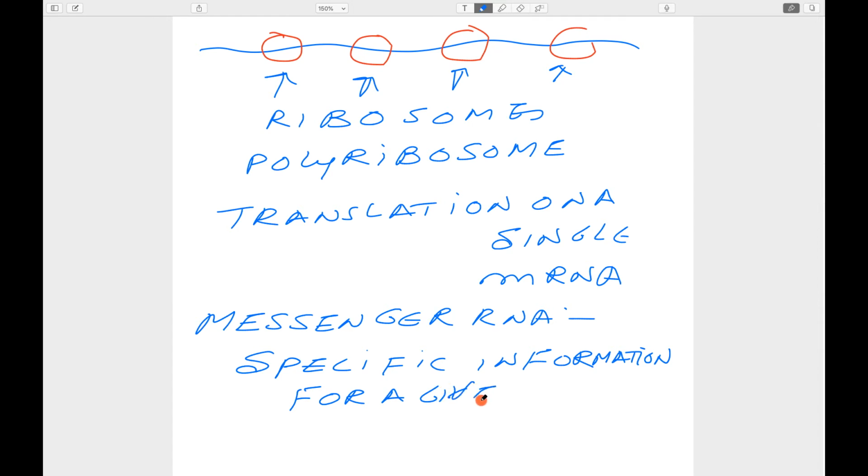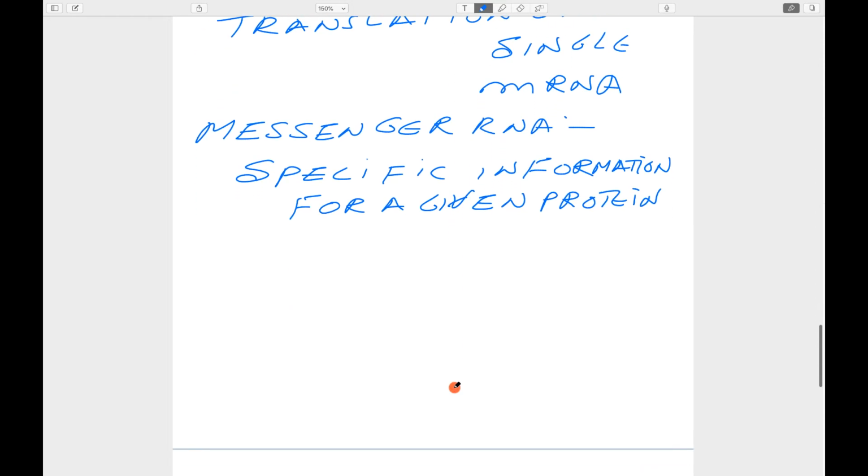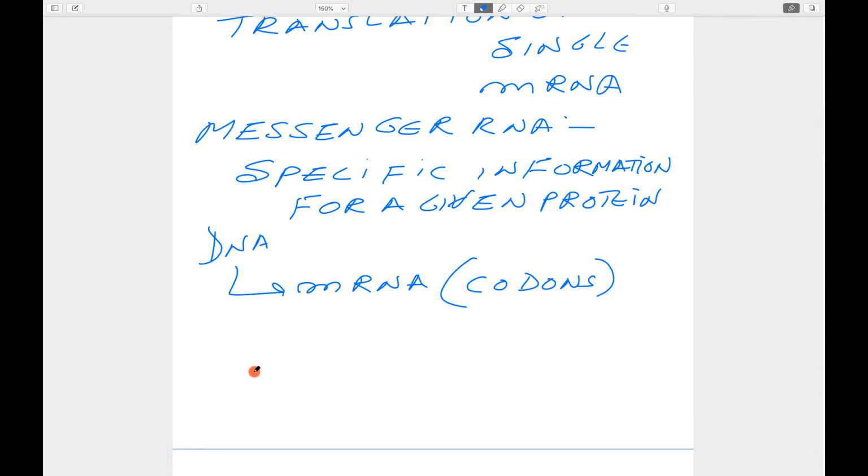With this information, protein synthesis can take place. In the messenger RNA, the information it gets from the DNA is through the process of transcription. On the messenger RNA, the information is arranged in the form of triplet codons.